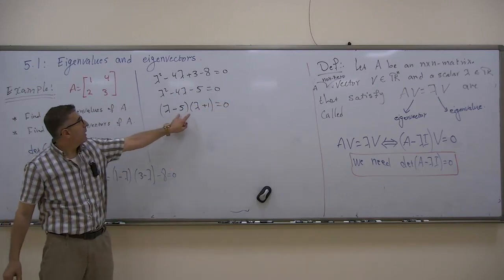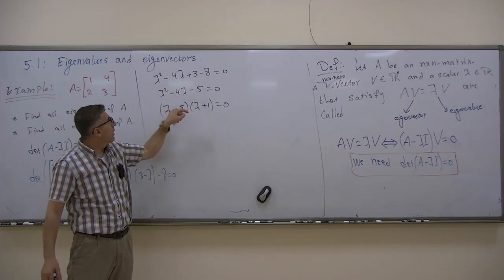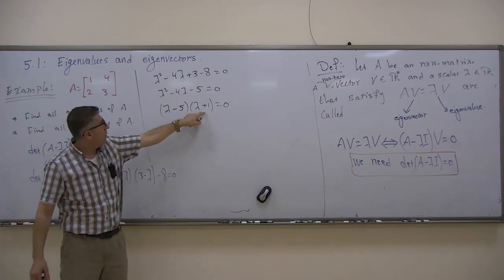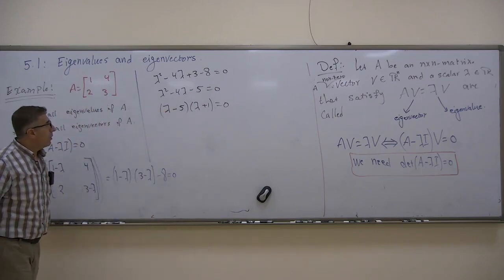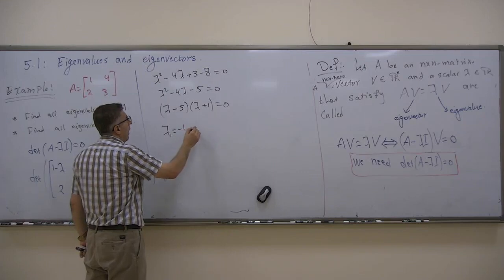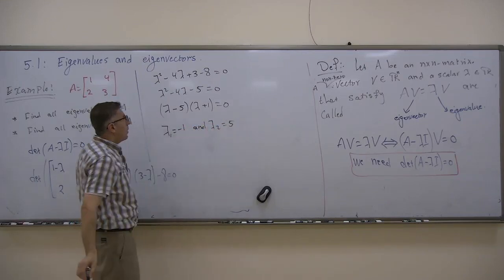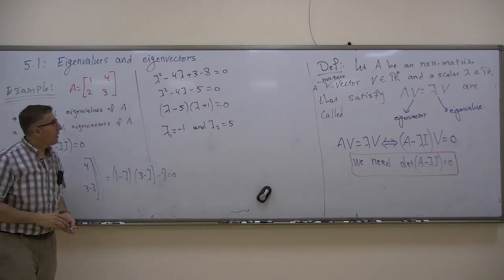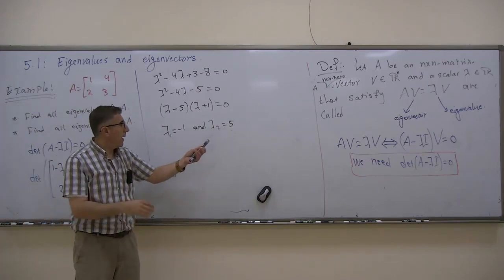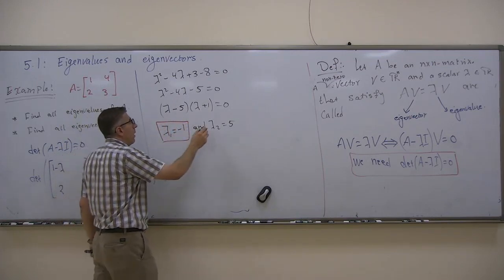Double check, please. Negative 5 lambda plus lambda, negative 4 lambda, and here negative 5 times 1, negative 5. So from here, you see that lambda 1 is negative 1, and lambda 2 is 5. So you get two distinct solutions here, negative 1 and 5. Those are the eigenvalues of our matrix.